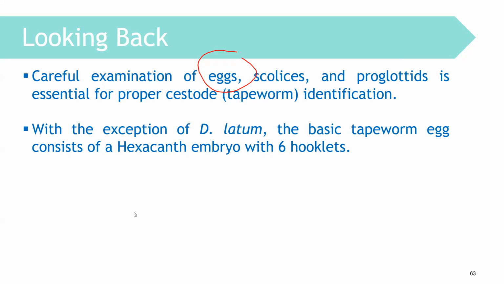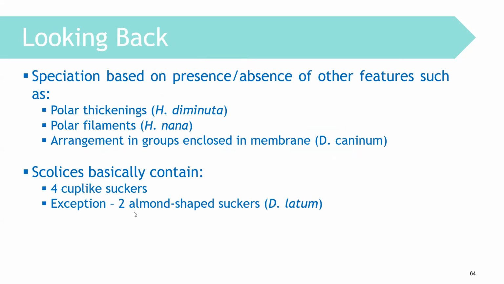Diphyllobothrium latum consists of a hexacanth embryo with six hooklets. Classification can be based on the presence or absence of other features, such as polar thickenings in diminuta and polar filaments in nana, and the arrangement of membranes in caninum, the pockets, 5 to 30 pockets.